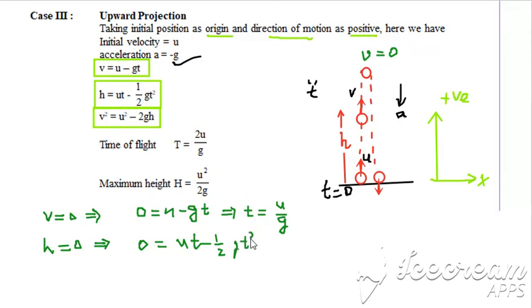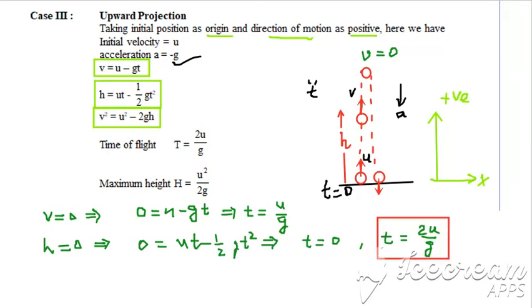Now if we simplify this, there will be two values of t. Either t will be 0 or t will be equal to 2u by g. So 0 is the initial time when the particle was at the origin, and 2u by g will be another time when the particle will be at the origin.